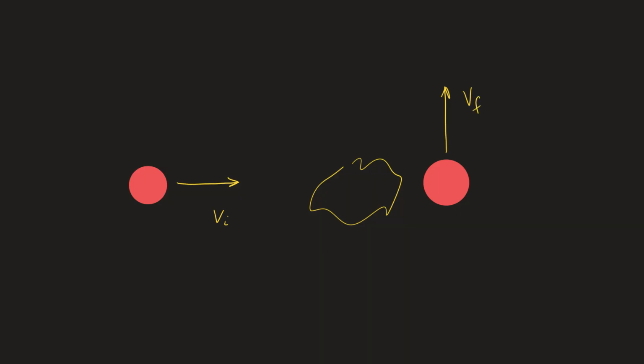Now, I'm bringing this up because even if it's the same size speed, say this is 10 meters per second, and this is 10 meters per second, did the object's momentum change? And the answer is yes, it did. Even though the number part is the same, is it clear the direction part is different? Because momentum is a vector quantity.